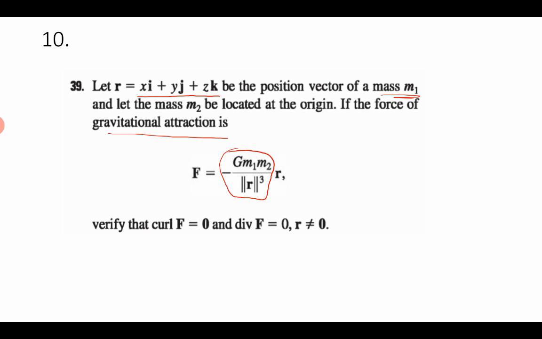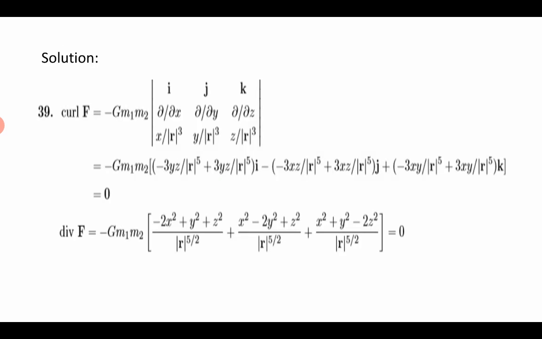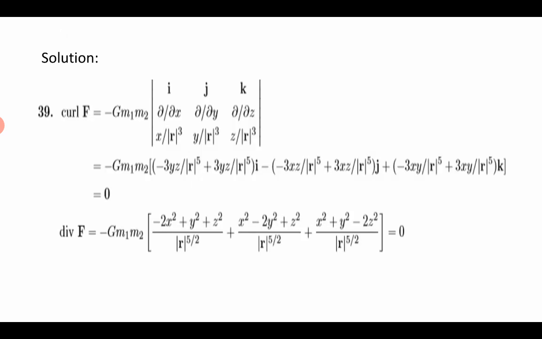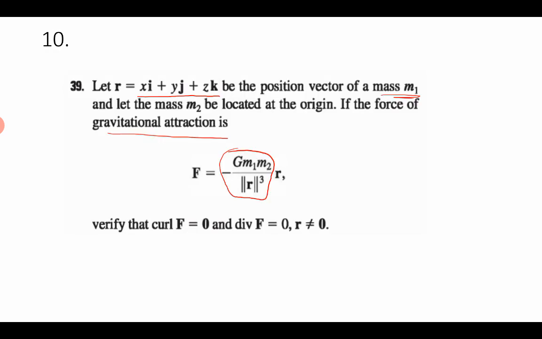G m1 m2. This verification has been left to you. 39 is given here actually. And we have to check the norm of R, the absolute value of R.